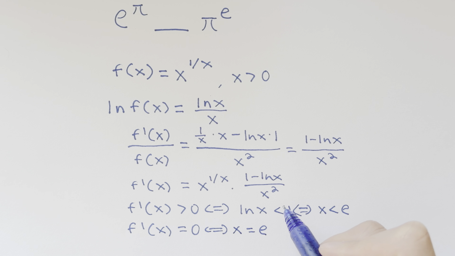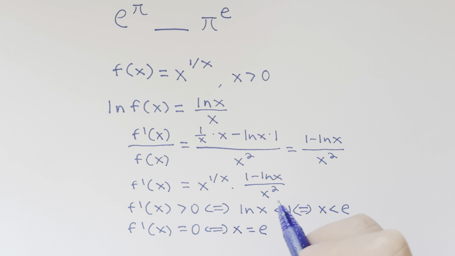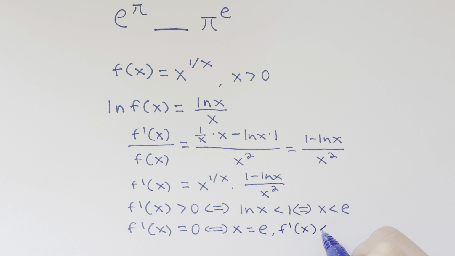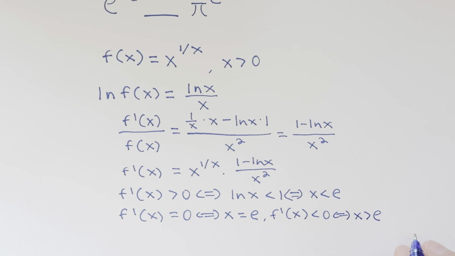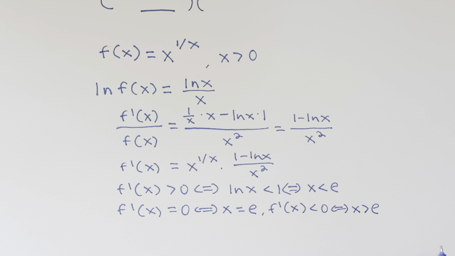And then f prime of x is less than 0 will give us x is greater than e. This tells us that f is strictly increasing up to x equals e, and strictly decreasing after x equals e. In other words, x equals e is a unique global maximum of f.